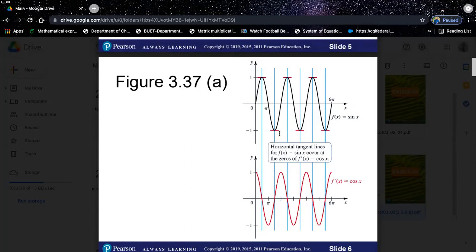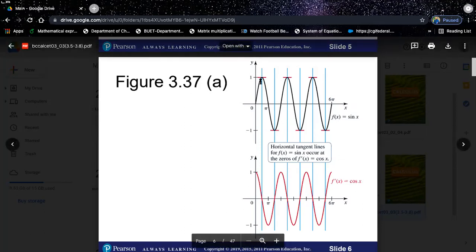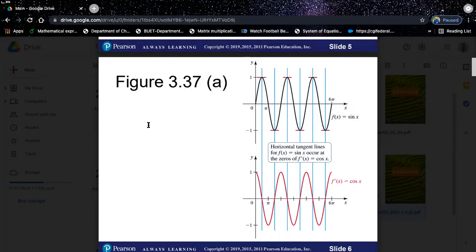The values of x are actually these points, pi over 2, 3 pi over 2, like this. These are actually the zeros of cosine x.